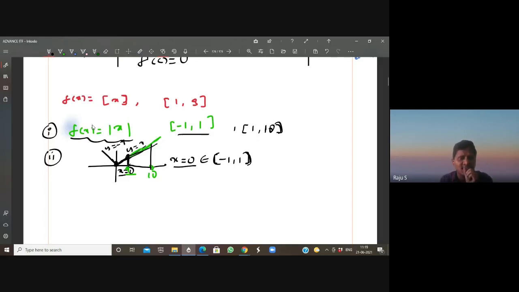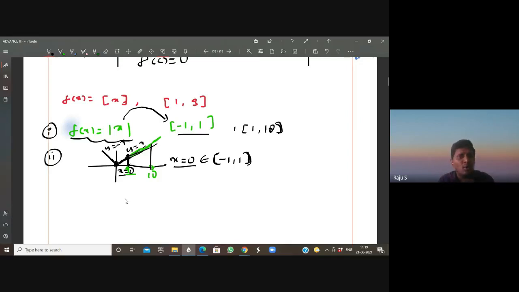For example, we are saying that f of x is equal to modulus x is continuous on -1 to 1. The meaning is that you have to check continuity at -1 as well as 0 as well as 1. Not only that, between that value, every real number you have to check. Don't check that only at -1, 1. You should check at each and every point in that closed interval, including endpoints.